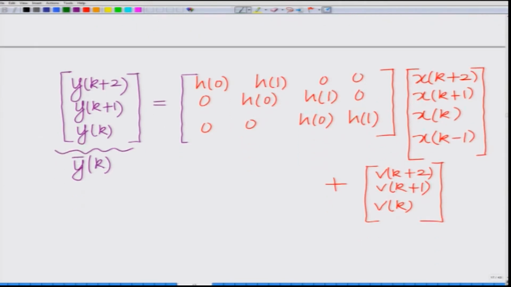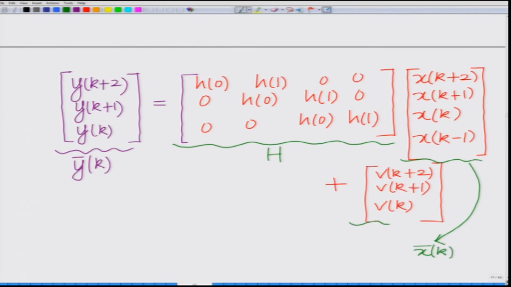Alright, so we denote this matrix by H, the effective matrix, this vector by x bar k, and this noise vector by v bar k.